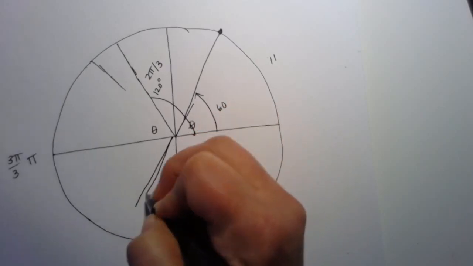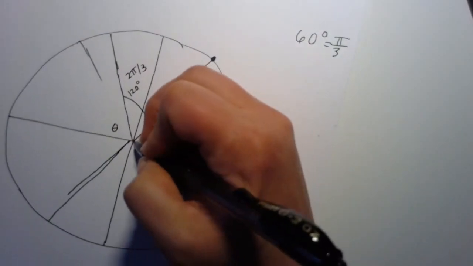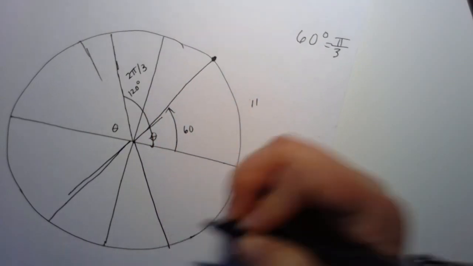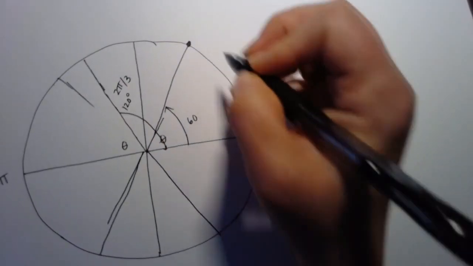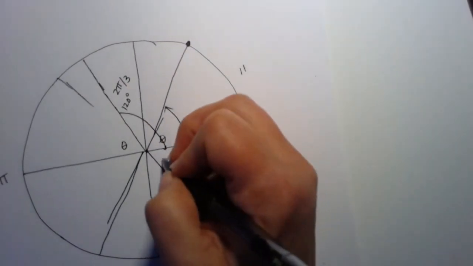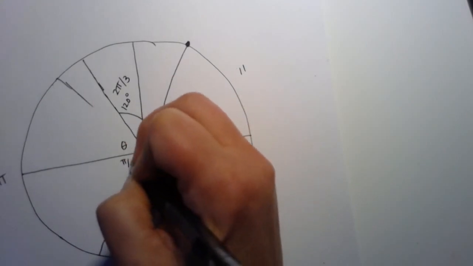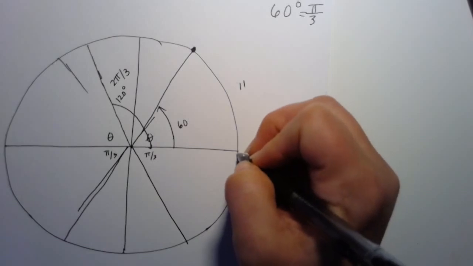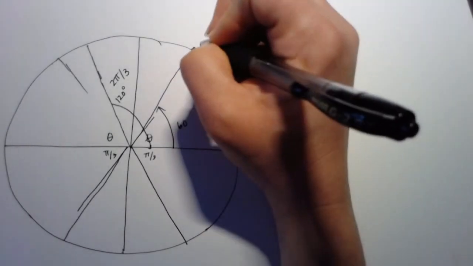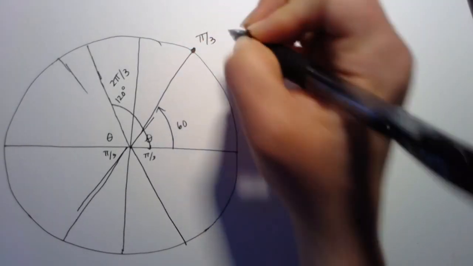We'll say something that looks approximately like that. And so again, I'm going to have reference angles here. This is going to be essentially a pi over 3 angle here. This will be a pi over 3 angle here. So let's go through here and label them. So this one here is pi over 3.